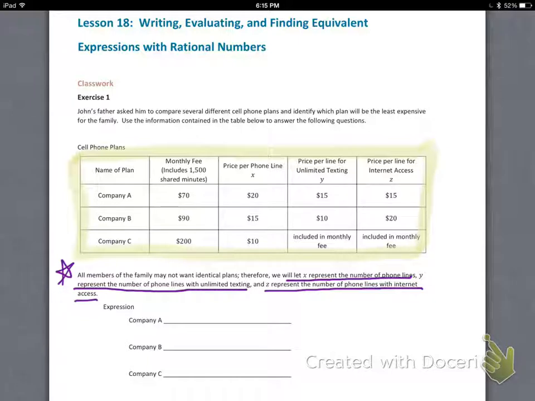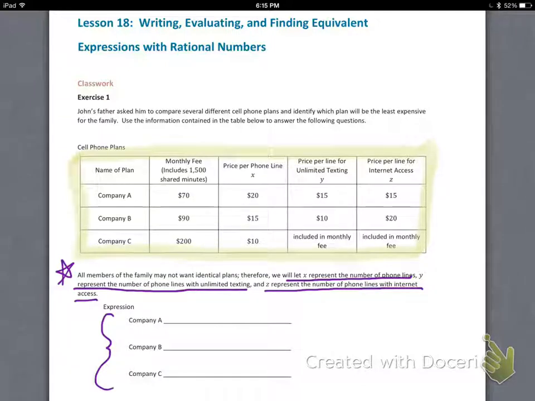So we're going to create 3 expressions here, and these expressions are going to lay out more or less a formula that we can plug in numbers with later.